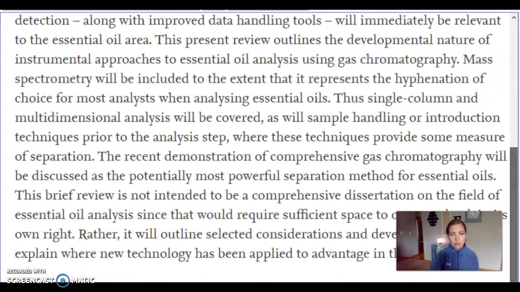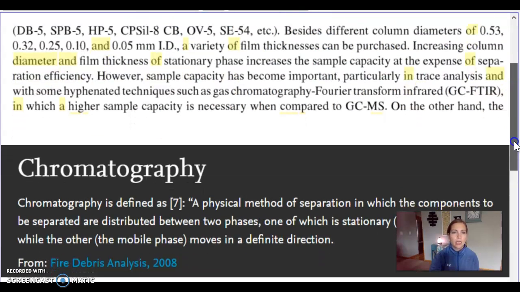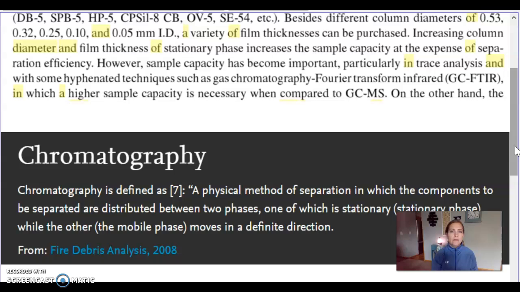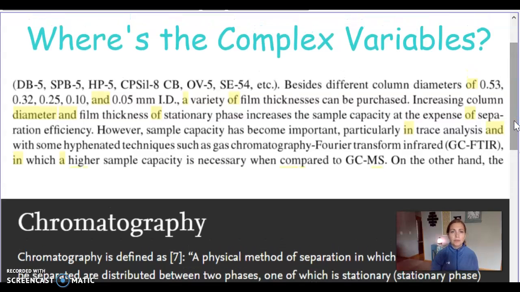Okay, so this is just something that I found here. And here's another definition of gas chromatography: a physical method of separation in which the components to be separated are distributed between two phases. All right, so when these pieces are separated, we need to analyze that separation.